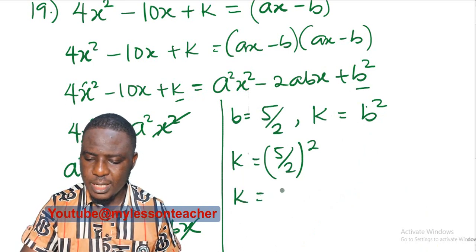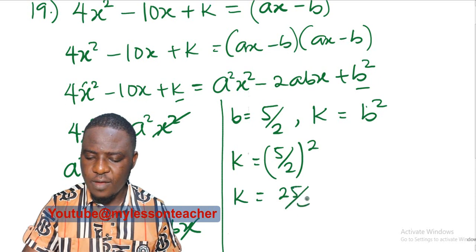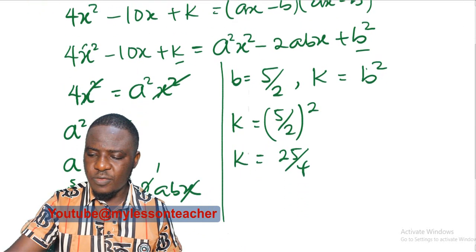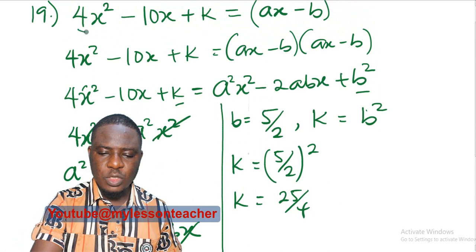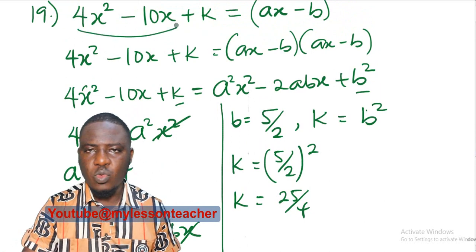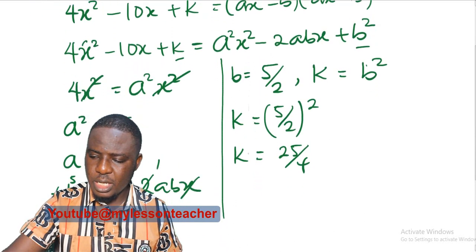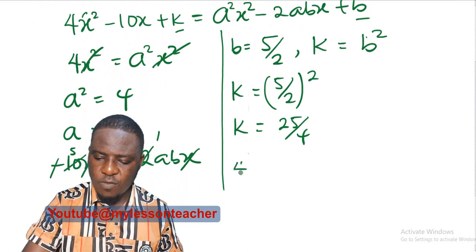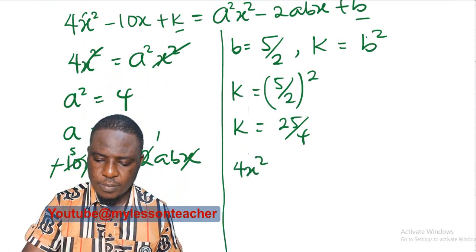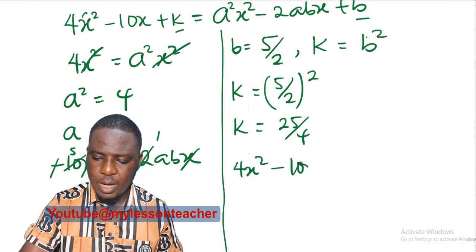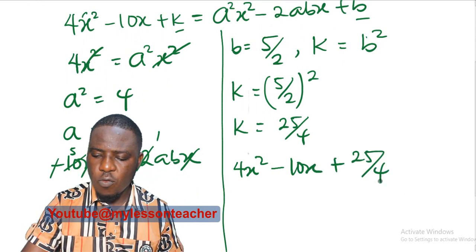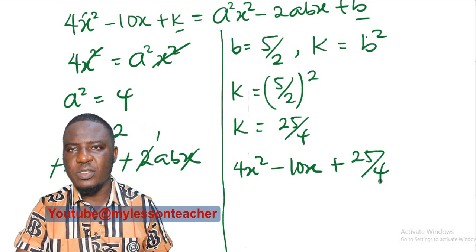So we have it that k is equal to 25 over 4. It therefore means that 25 over 4 is the term that must be added to 4x squared minus 10x to make it a perfect square. So if we have 4x squared minus 10x, you must add 25 over 4 for it to be a perfect square.